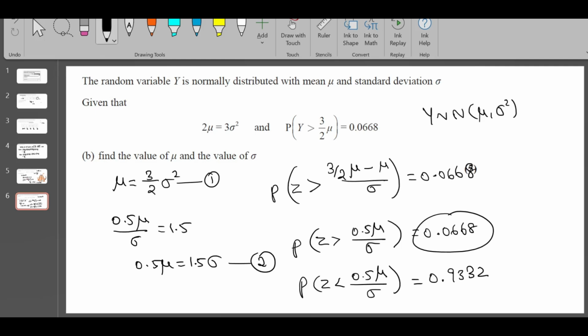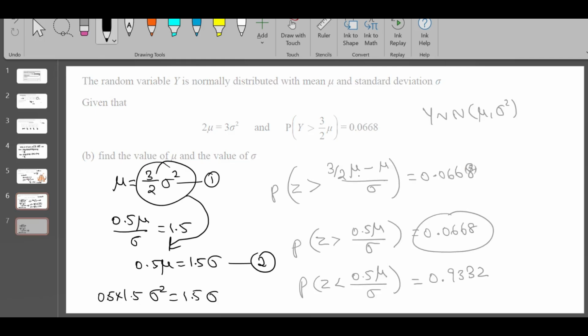So sub in this in the place of mu and solving. 3 over 2 is 1.5, sigma square, and 0.5 times that is 1.5 sigma. Sorry, there is 0.5 also before that. And then we need to find sigma.